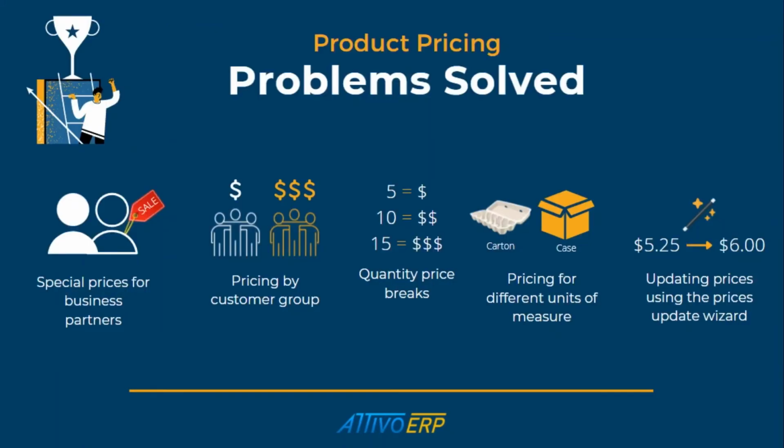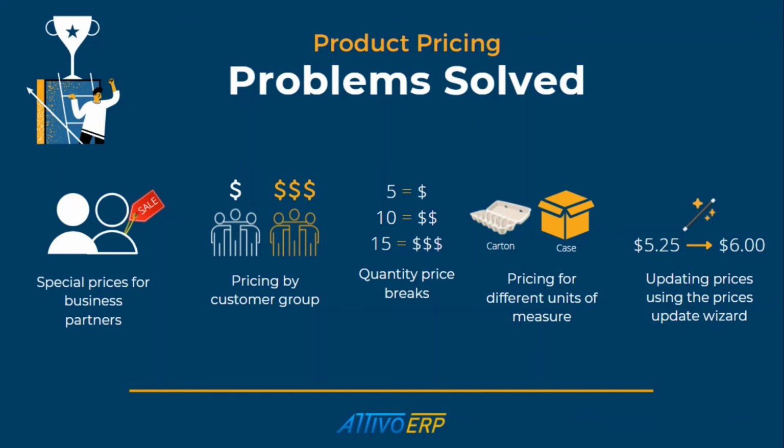The Attivo All-in-One package, powered by SAP Business One, solves all of your product pricing problems. Instead of having all of your spreadsheets holding all of your price list information, those can all be put into your software system. This allows you to have your special prices for business partners, have pricing by customer groups, have your quantity price breaks.